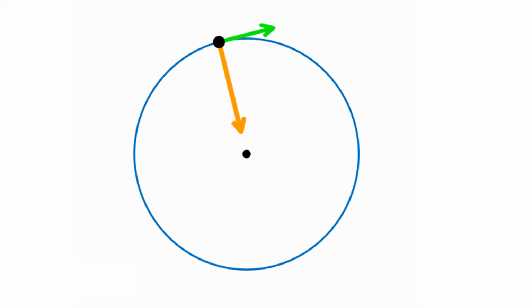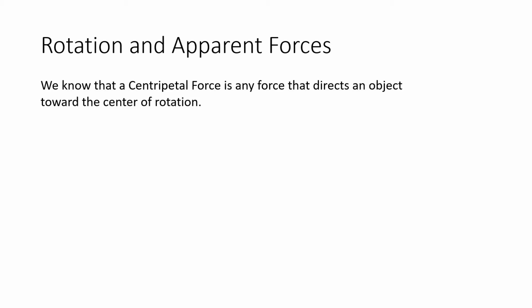So we've gone over this idea of the inward centripetal force. There's also what's called an apparent force. You might be familiar with the term centrifuge, or centrifugal force. That's what we're going to see as an apparent force.